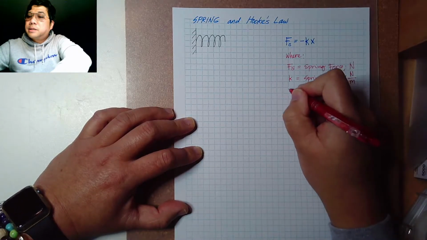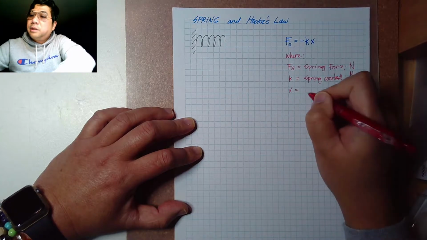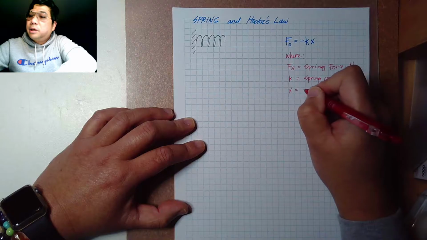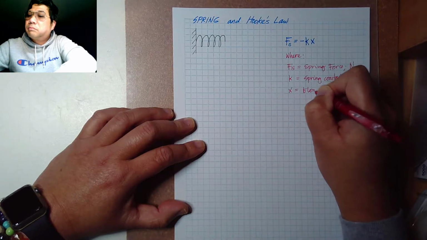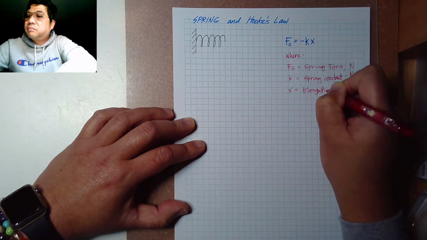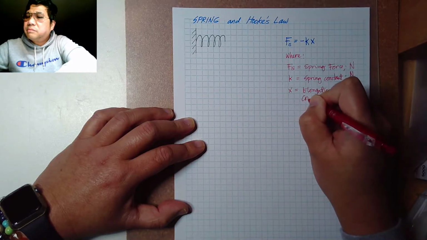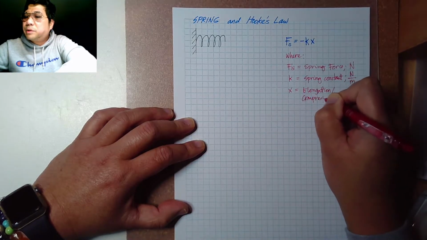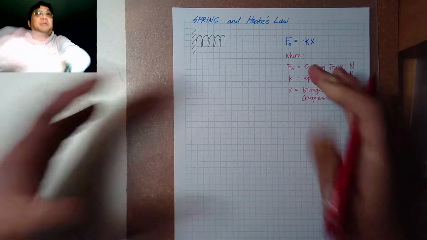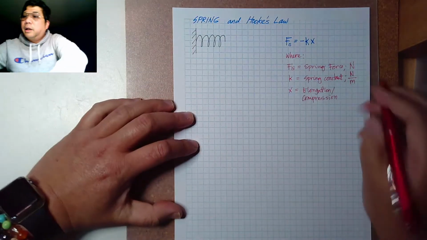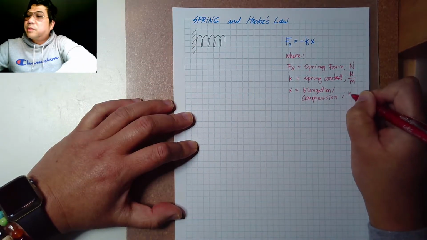And x is the elongation or deflection, or compression. When you compress, it's not appropriate to use the word elongation. So it is the change in the length of the spring, measured in meters.